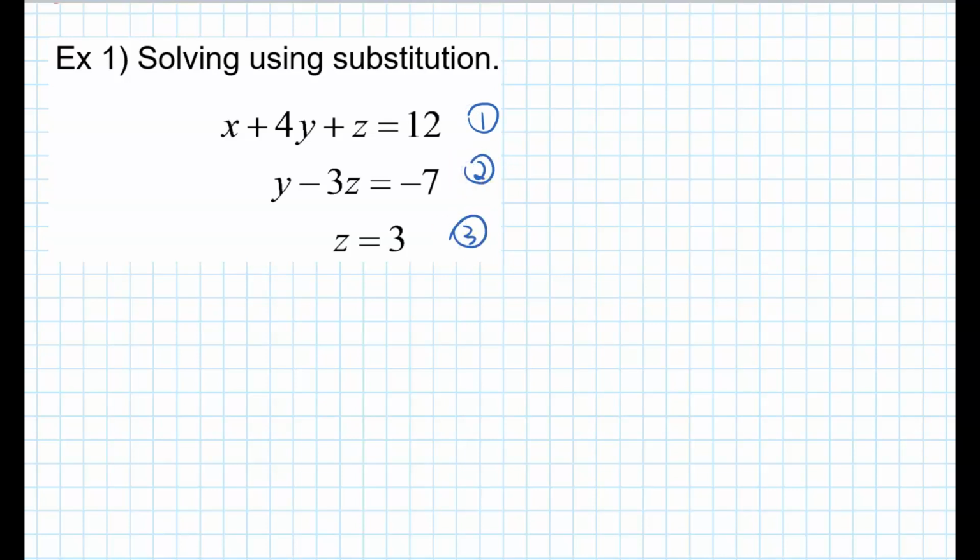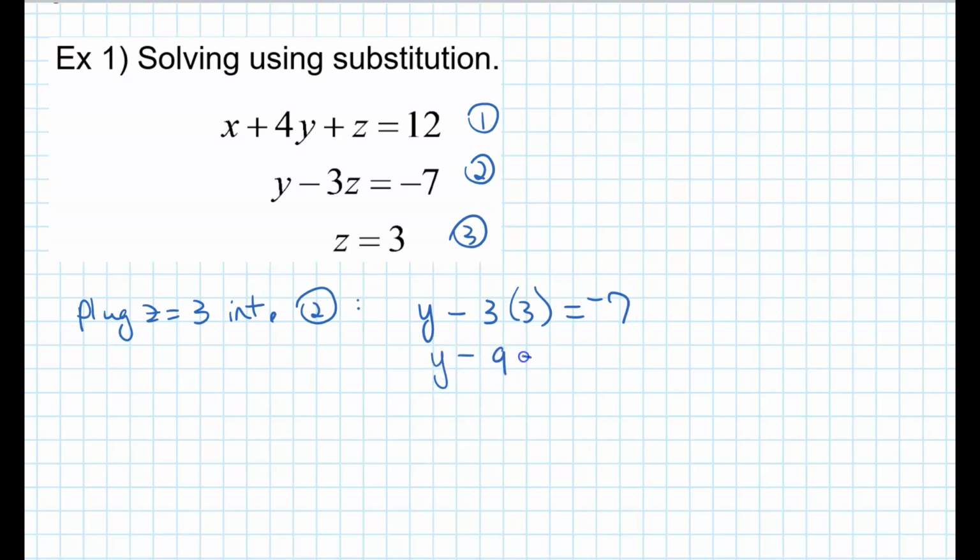Z is already solved for us, so we plug z equals 3 into equation 2. That gives us y minus 3 times 3 equals negative 7, which is y minus 9 equals negative 7, and y is equal to 2.